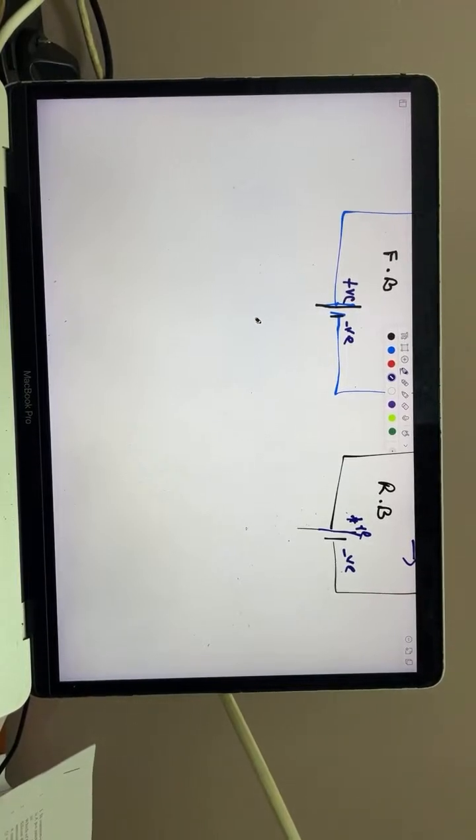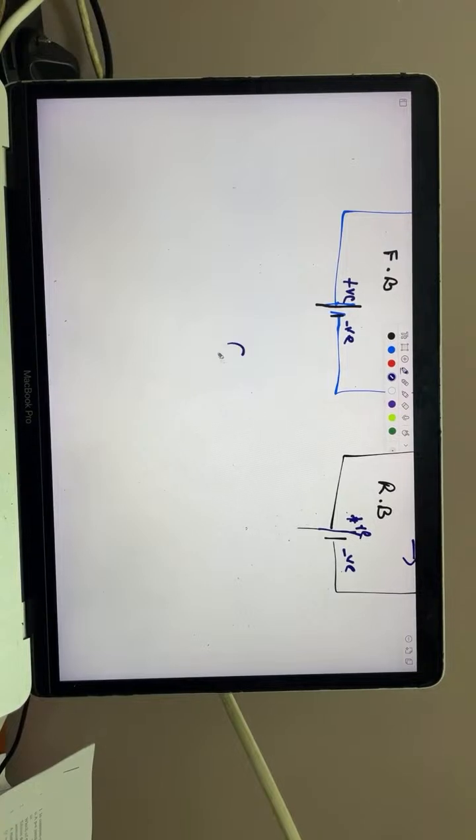Now, what is doping? You see, semiconductors naturally do not conduct electricity. Let me give you an example.